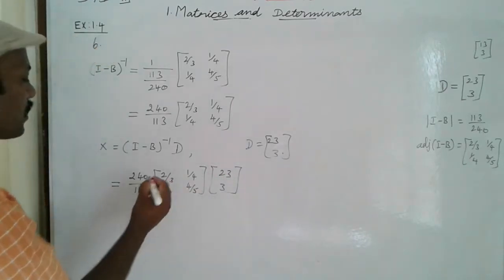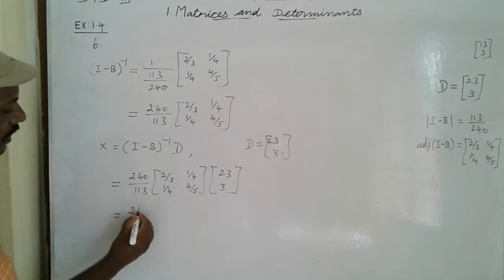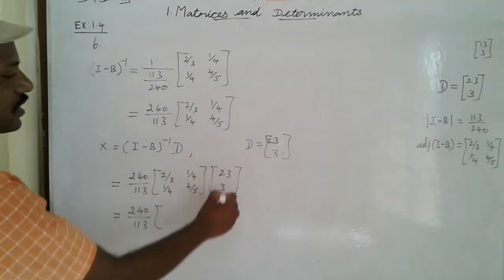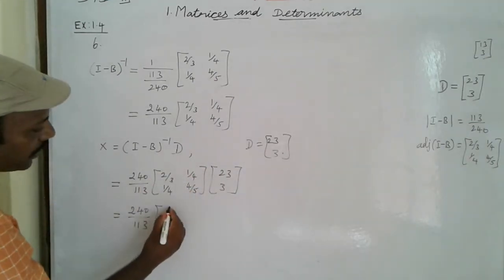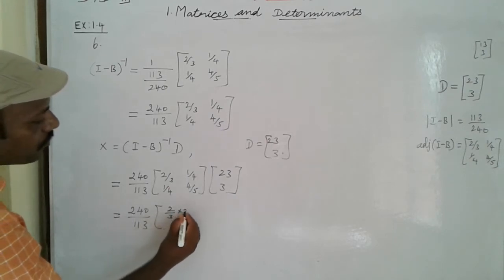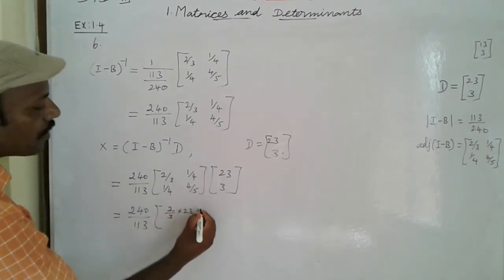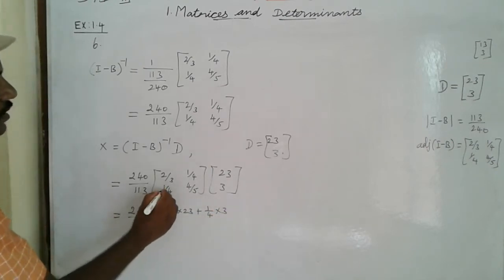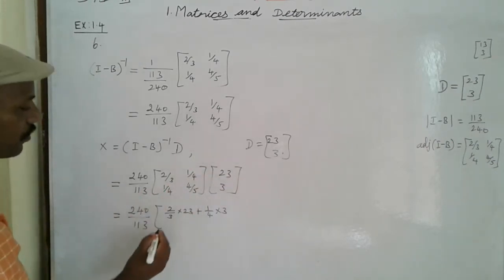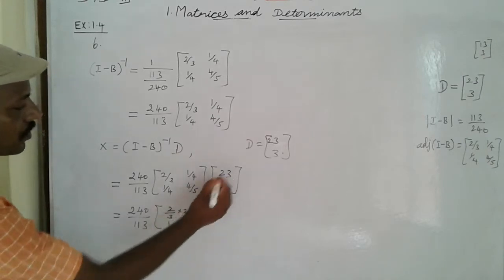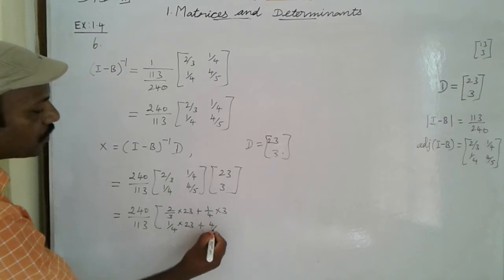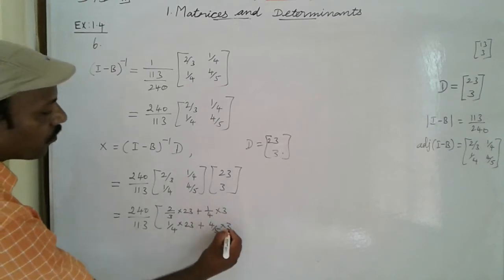We multiply this. First row, first column: 2 by 3 into 23 plus 1 by 4 into 3. Second row, first column: 1 by 4 into 23 plus 4 by 5 into 3.